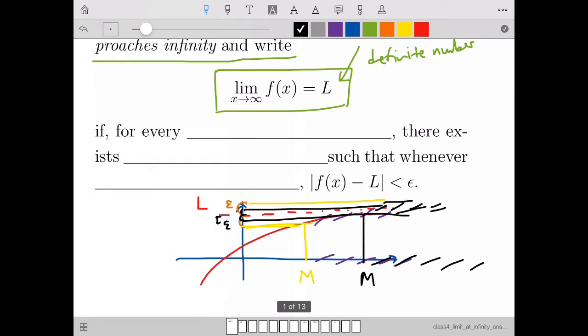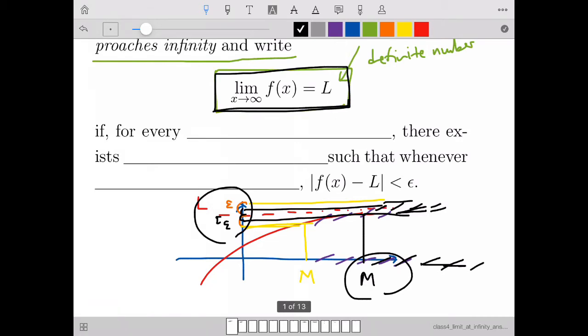If I can do that for every epsilon, no matter how small my epsilon is, if I can find m such that whenever my inputs are bigger than m, then my outputs are inside this epsilon band, then we say the limit of f of x as x approaches infinity is L.